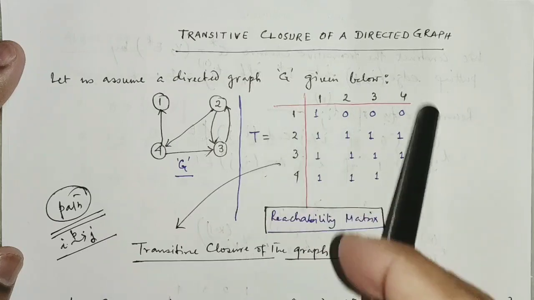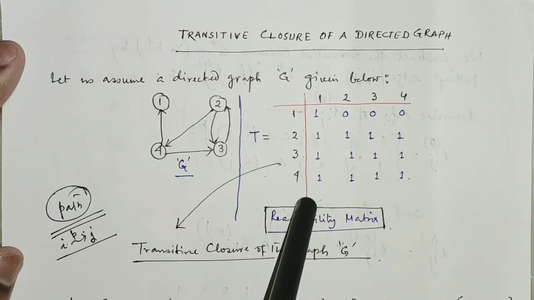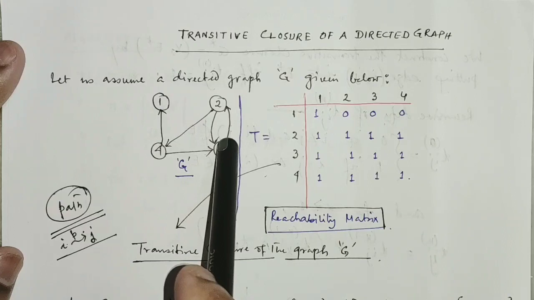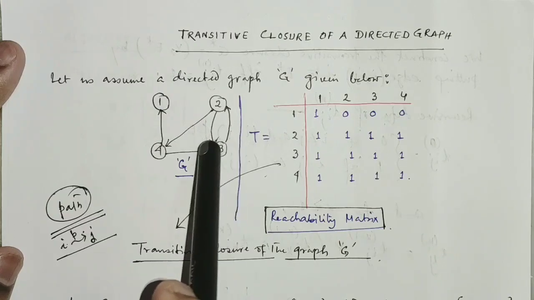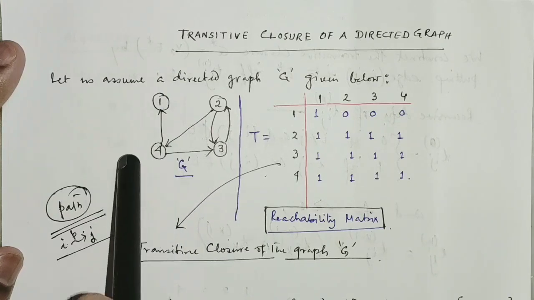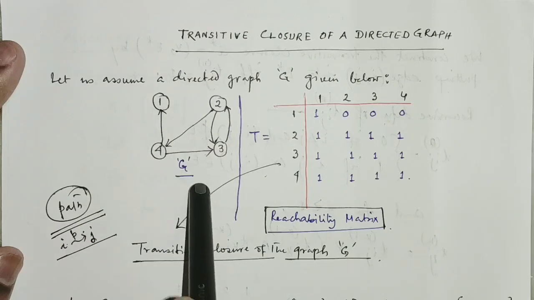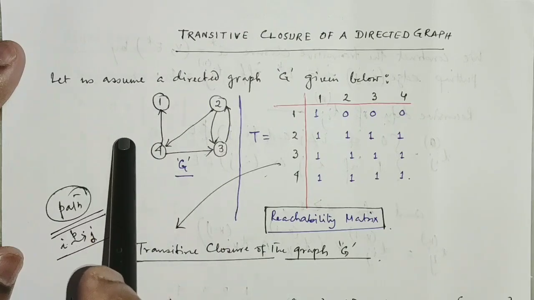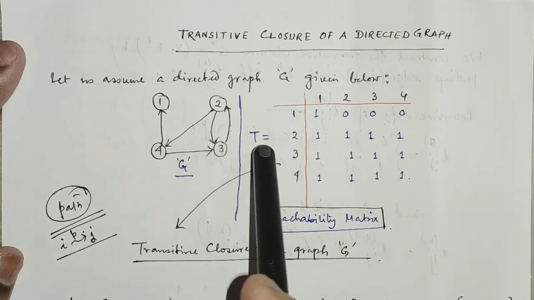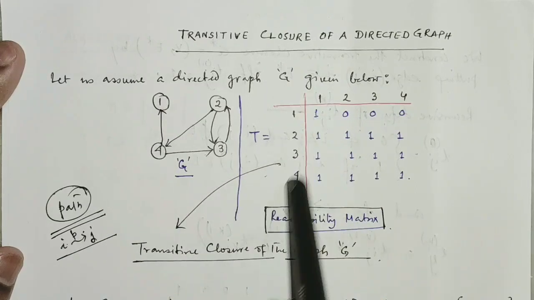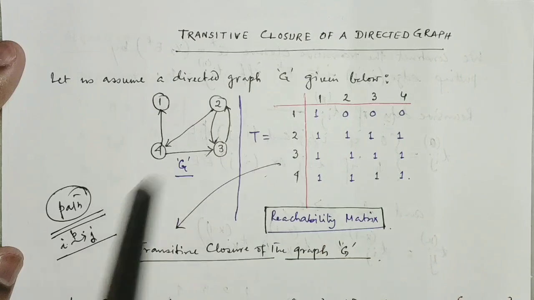The dimension of this reachability matrix will be the same as the dimension of the adjacency matrix of this graph. As the graph consists of 4 vertices, the reachability matrix will also be 4 cross 4, with 4 rows and 4 columns.